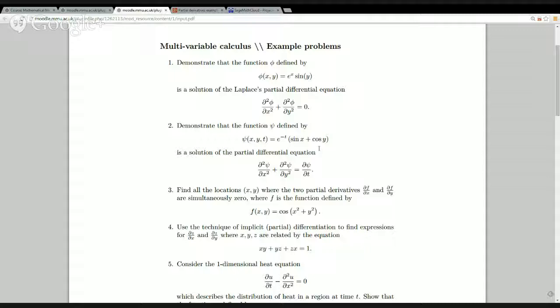So the reason you're not seeing it is, remember the principle. You're differentiating with respect to x. So any of the other variables, namely y and t, you treat as if they're constant.